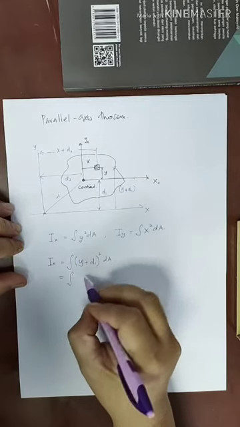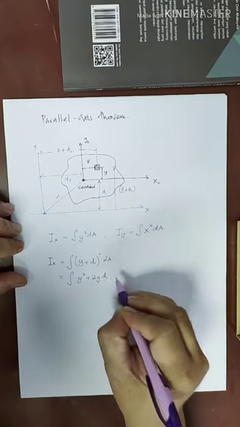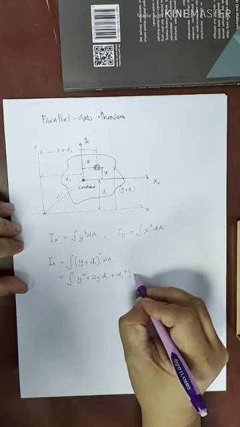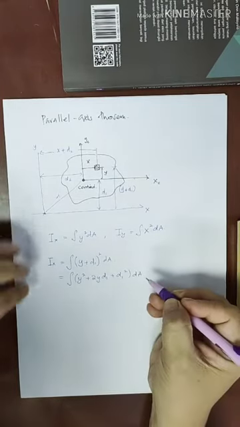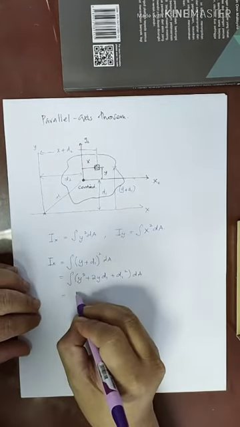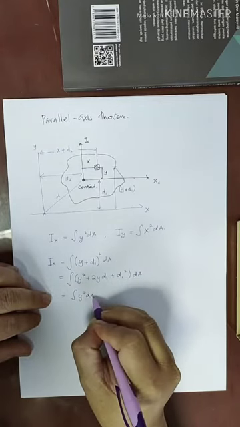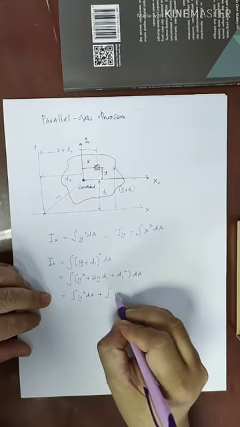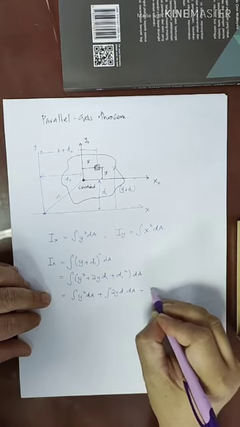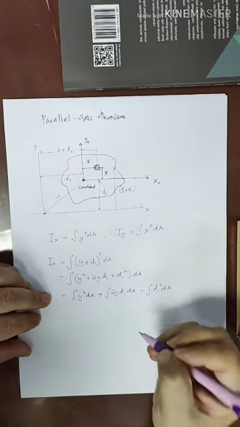So by expanding the function, we have y square plus 2y d1 plus d1 square dA. Okay, so we can separately divide that: integration of y square dA, plus integration of 2y d1 dA, plus integration of d1 square dA.